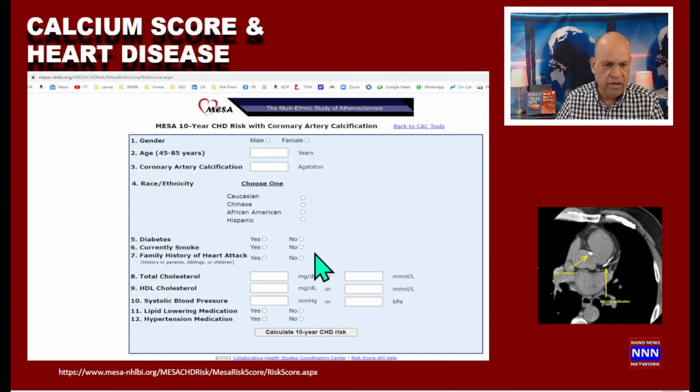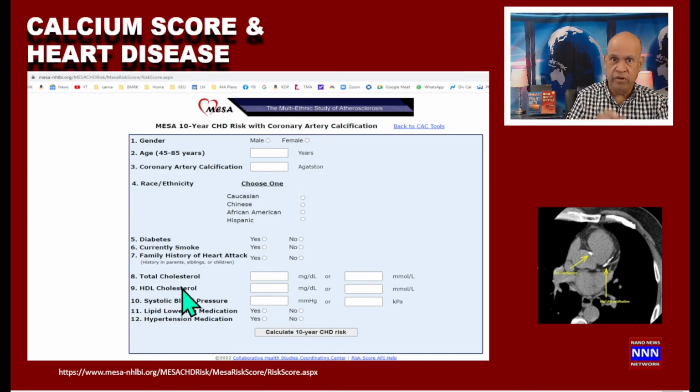Now let's look at how do you determine what is your risk? I mean, who's going to tell you? Your doctor is supposed to tell you, but you can do that yourself. There is this website which is mesa-nhlbi.org, and you can copy this and paste it, and here you come to this page where you can put in your demographics and your data: your age, sex, coronary calcium score, ethnicity, and risk factors.